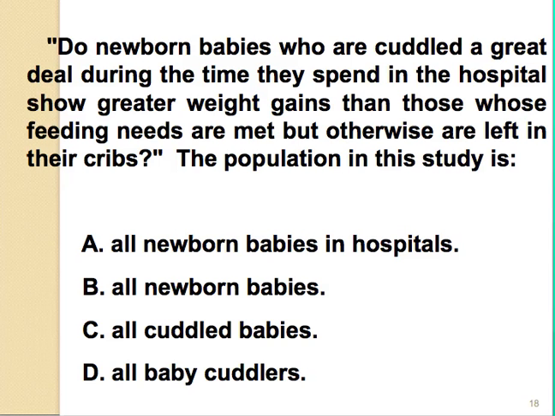I'll give you 10 seconds to read the question again and identify the population in this study. All right. A, all newborn babies in the hospital. The question said who are cuddled a great deal during the time they spend in the hospital.